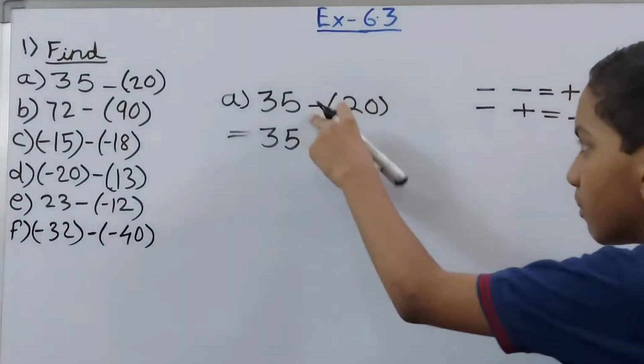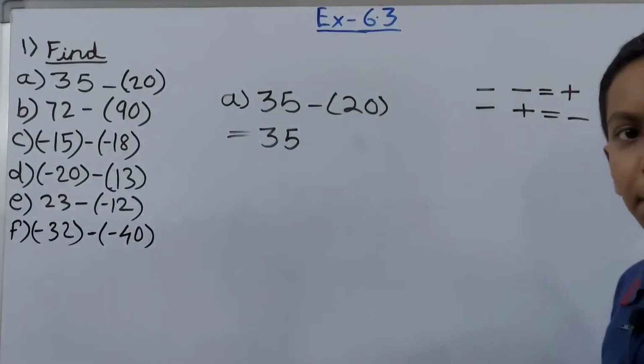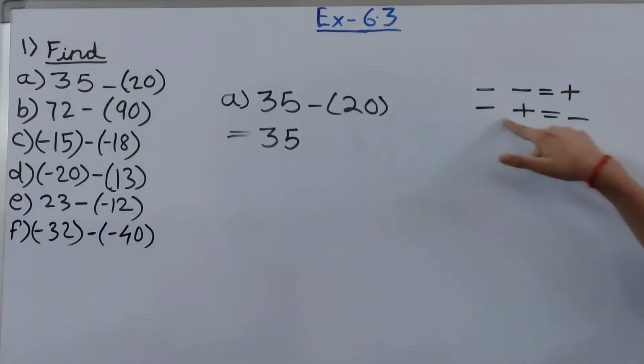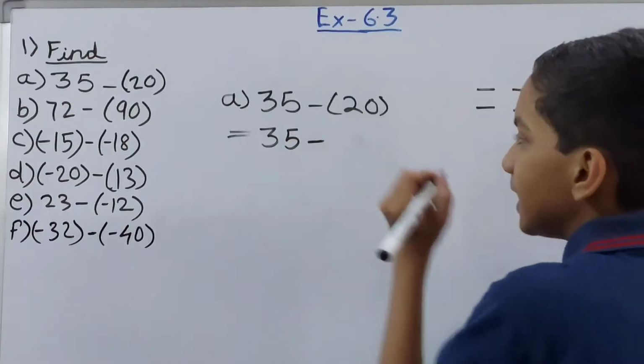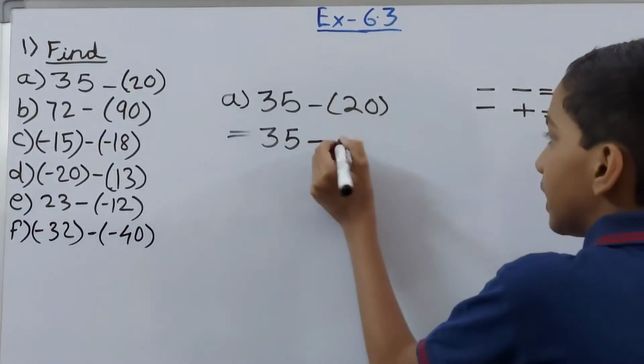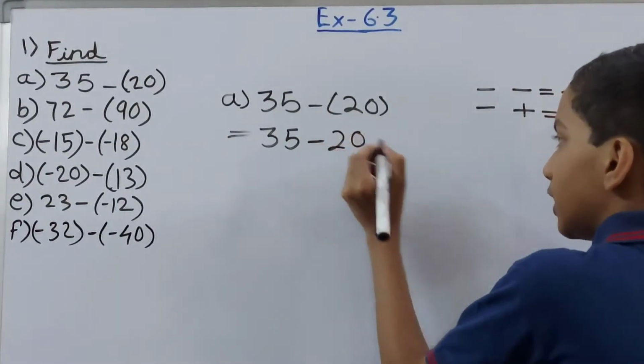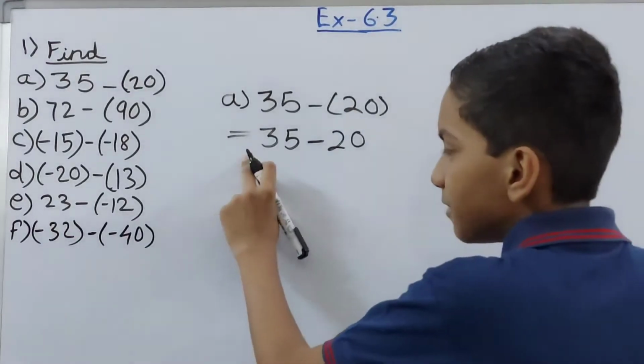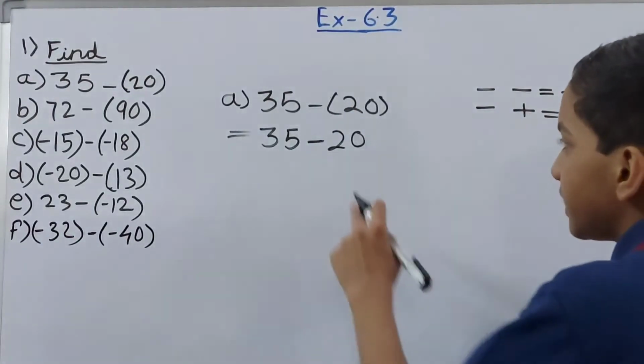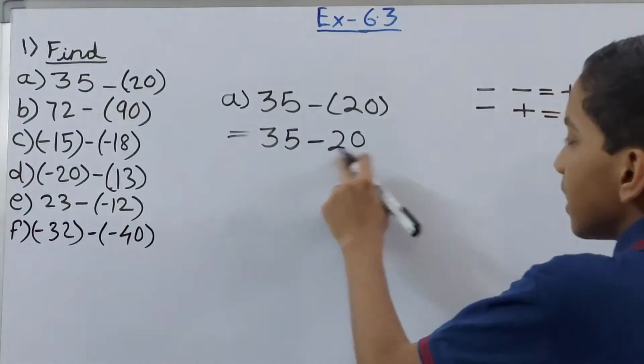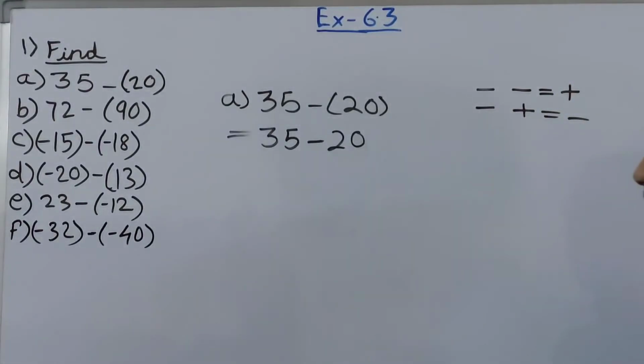So here we have a minus sign and 20 has a plus sign. So as you can see, minus plus makes minus. That means we will write a minus sign here and then we will write the second number, that is 20. Now one number we have is plus 35, or you can say positive 35, and the other number is minus 20, negative 20.